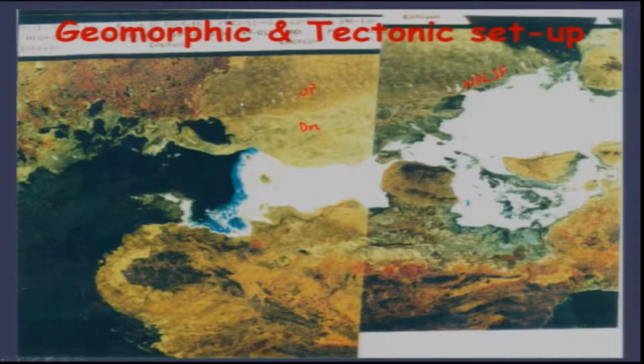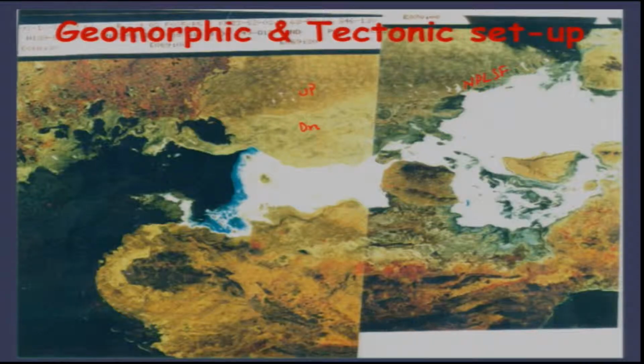There are records in the historical data that Alexander the Great took the path this way, along with his team, but I am not going to talk about that here. Whenever I talk about Kutch, this is a very important part.